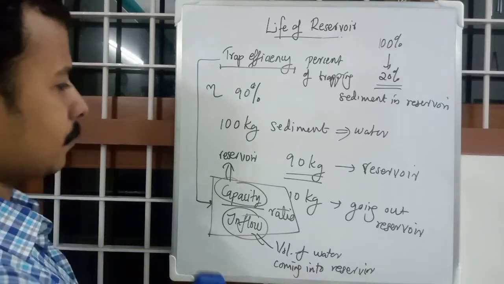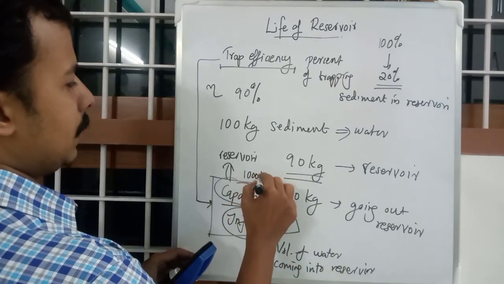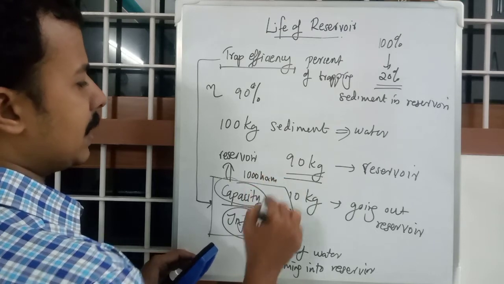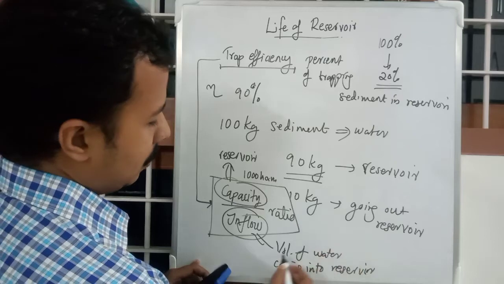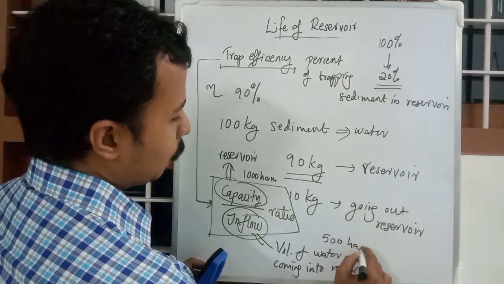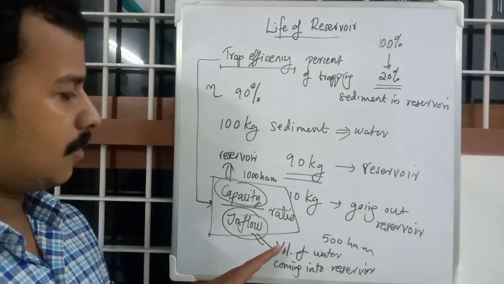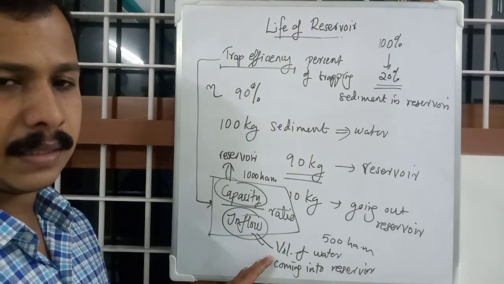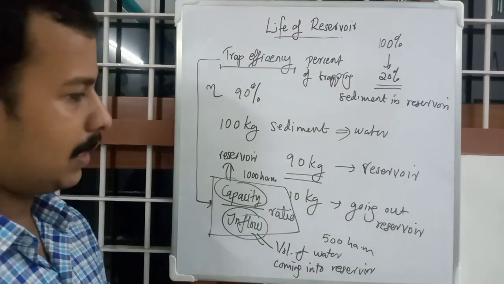Okay, so capacity will be the storage of water. Suppose 1000 hectare meter is the capacity of a particular reservoir, and 500 hectare meter of water is coming in from outside, from the catchment area, to the reservoir every year.